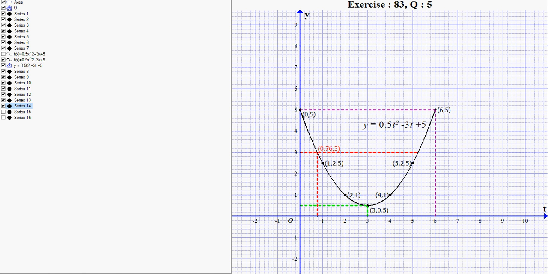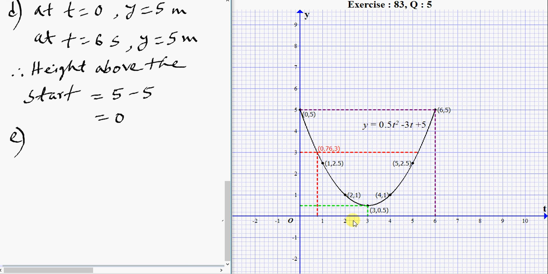For y at least 3 meter means it will be equal to 3 or more than 3. First range we have found 0 less or equal to t less or equal to 0.76. From here to here it is 0.76.